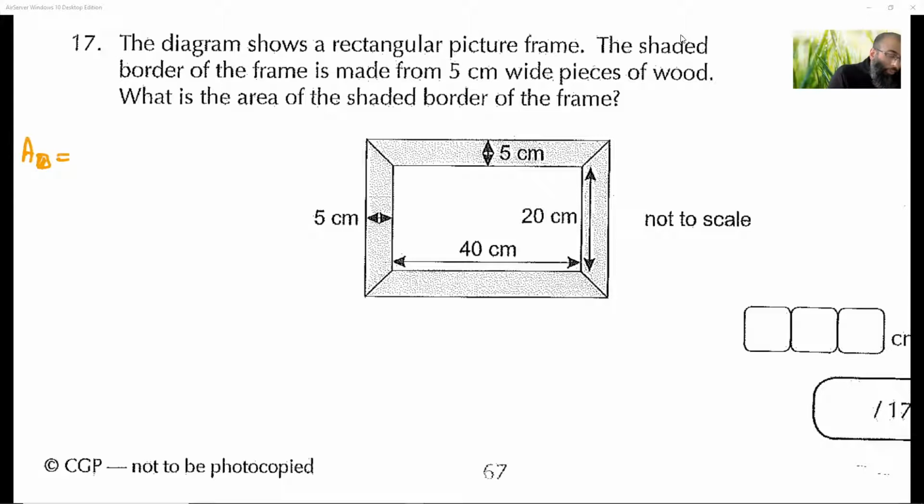So the area of the border, what do we do? Let's label the diagram. So let me put a rectangle on here. We call that the outer rectangle. And the next one is the inner rectangle.